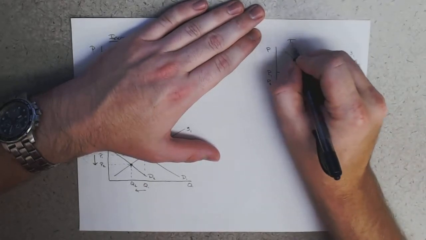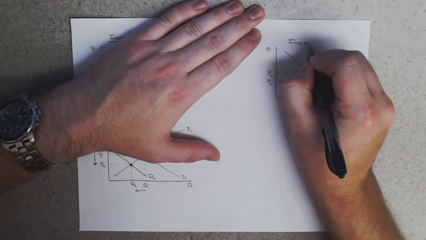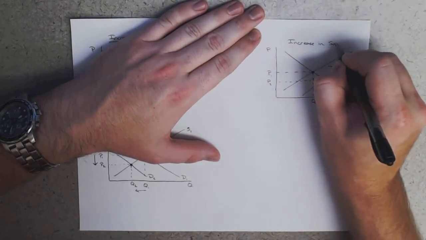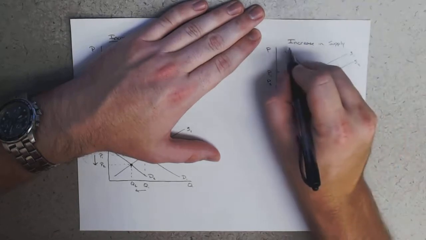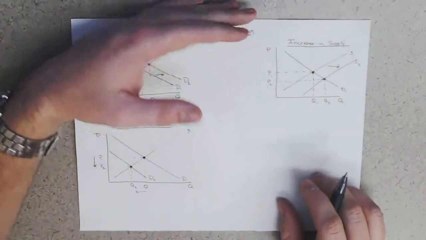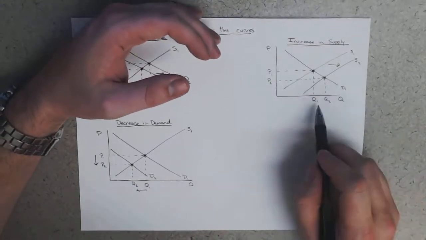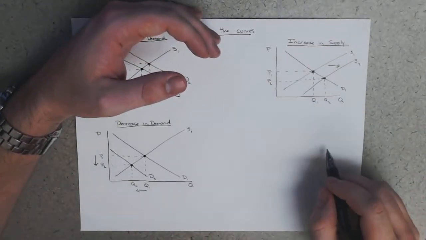So this was an increase in supply, and an increase in supply leads to a decrease in price and an increase in quantity.